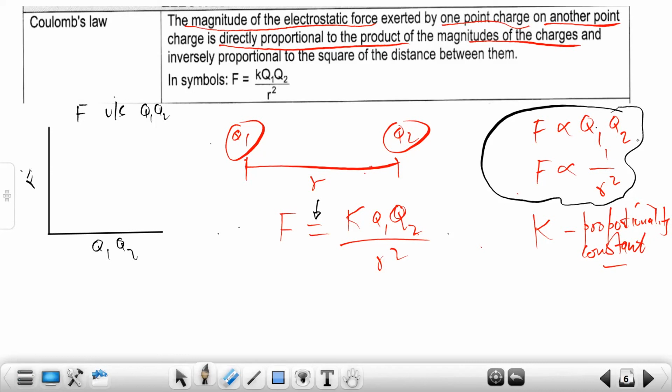But what does the law say? The law says now, if I have the product of Q1 and Q2, it should be directly proportional to the magnitude of the force. If I have the force and compare it with the product of the two charges, they must be directly proportional. So directly proportional basically means they will increase by the same amount, or the same magnitude, throughout.